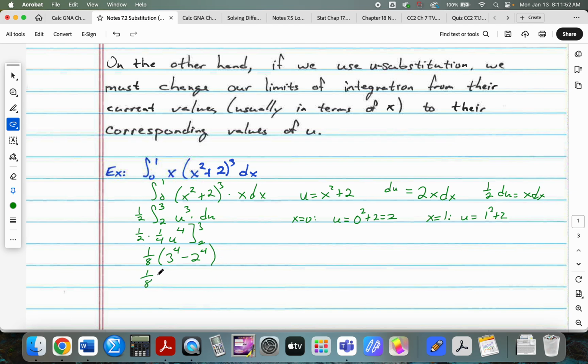So that's 1/8 of 81 minus 16 is 1/8 of, let's see, that's 65. So let's just make it 65 over 8. Or if you really prefer, 8 1/8. Or if you're one of those people that hate fractions, 8.125.